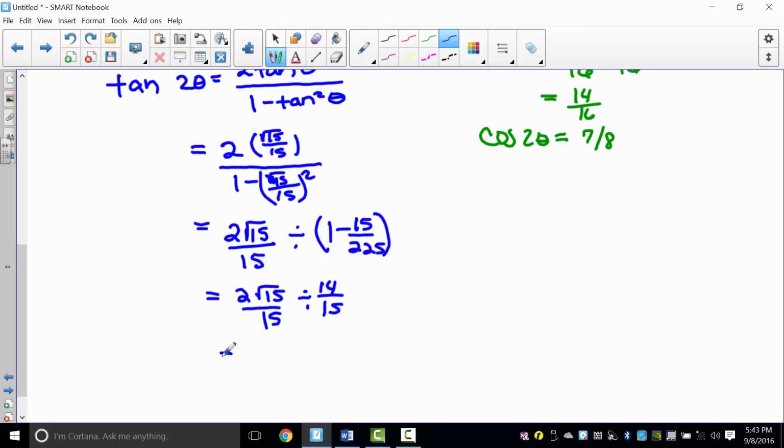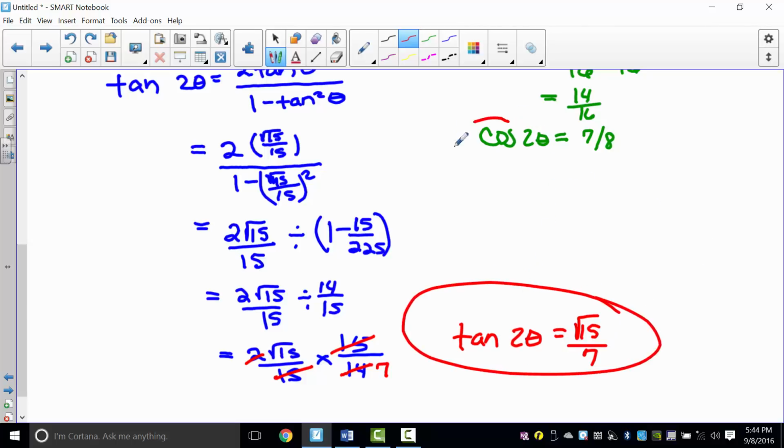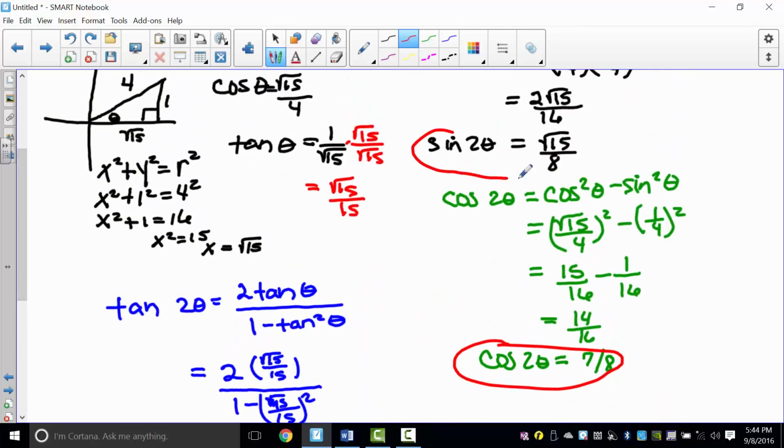Now we're dividing fractions, so you change it to multiplication and take the reciprocal. The 15's cancel. 2 goes into 14 7 times. Therefore, tangent of 2 theta equals radical 15 over 7. So we have tangent, we found cosine, and sine of 2 theta.